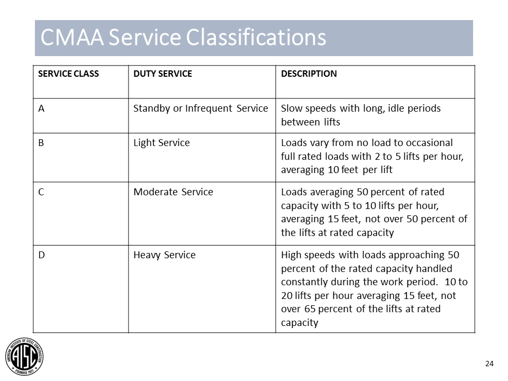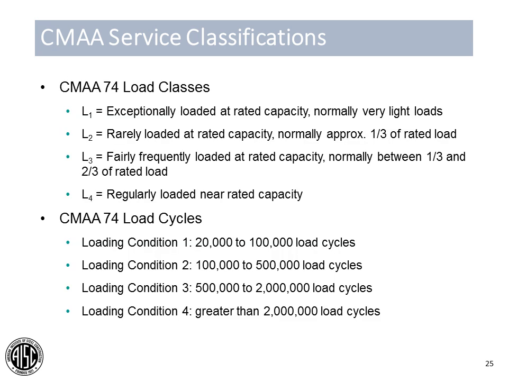And these classes are based on 2 specific criteria. The specific loading or range of loading that's expected to be hoisted by these systems, as well as the number of load cycles that are anticipated for the life of the crane system itself. The load cases range from L1 to L4, again, very, very lightly used, up to regularly loading near the crane assembly's rated capacity.